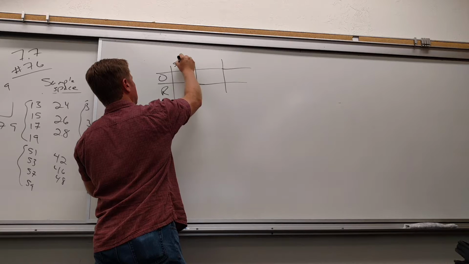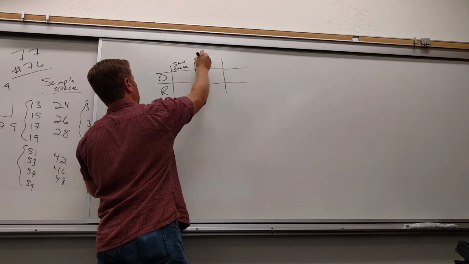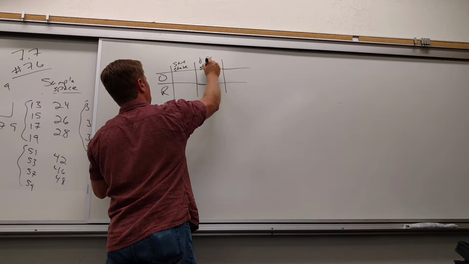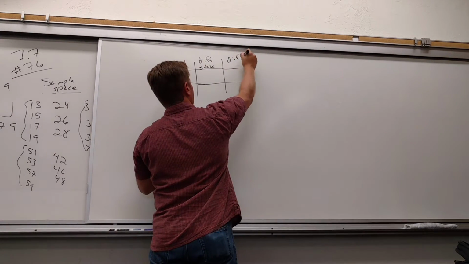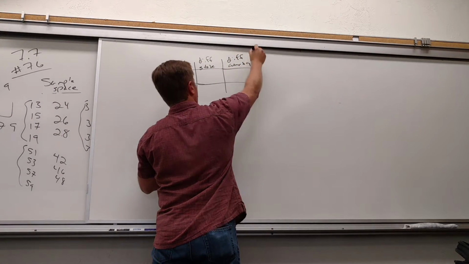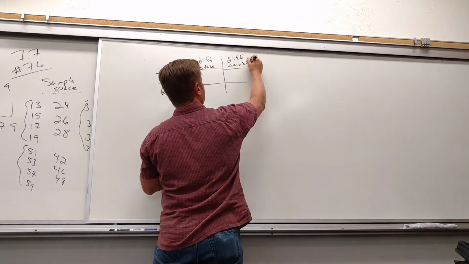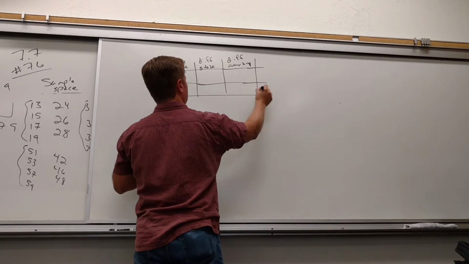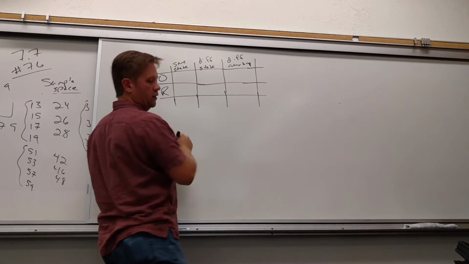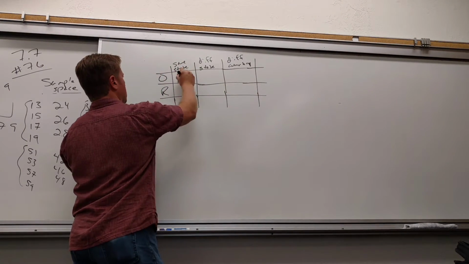Same state, different state, different country, different planet. No, all right. Different country, we'll stop there. So they give you this stuff. This is decimals because it's in the millions.